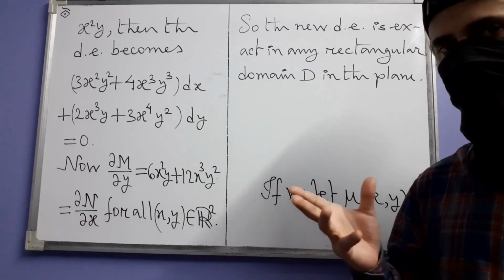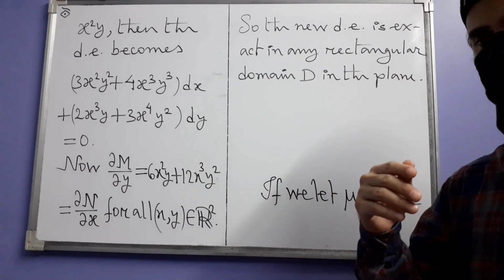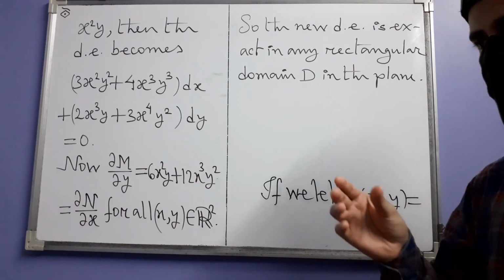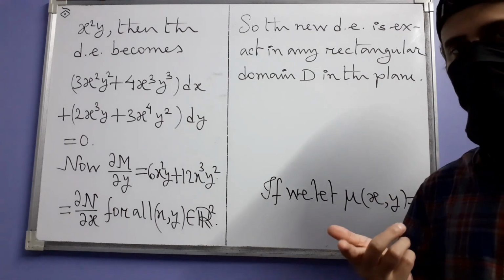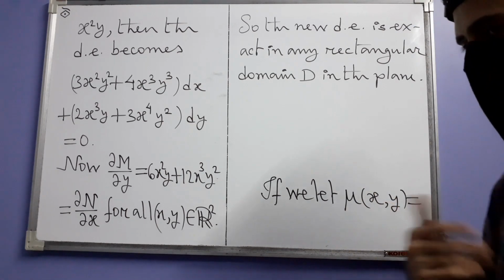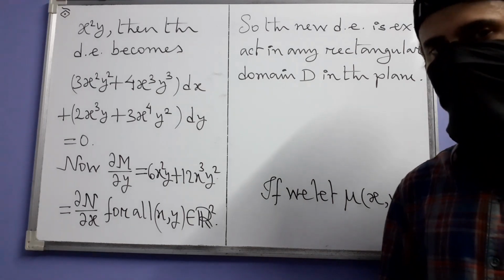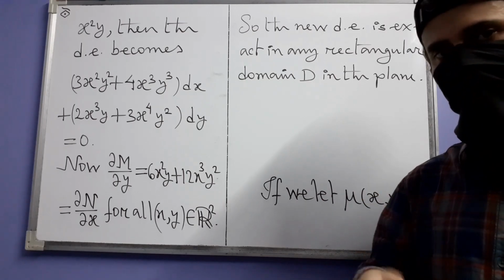When the equation is originally not favorable for immediate solution, you can multiply the equation by something to make it integrable, and that is why in fact we call these multiplying functions integrating factors. They make the equations integrable or solvable.